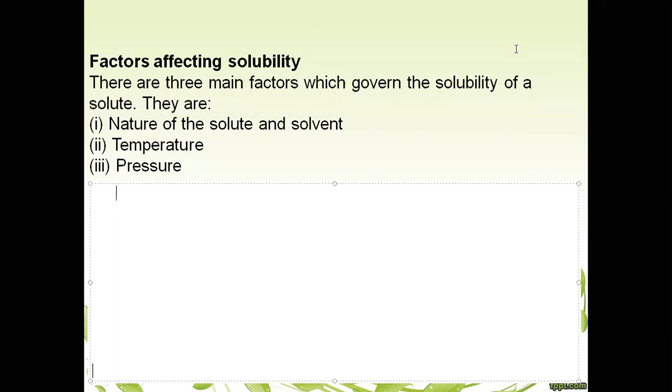For example, aerated drinks, household cleaner containing ammonia, and formalin, an aqueous solution of formaldehyde, etc. These are the examples for the effect of pressure, because when the pressure is increased in the solutions, the solubility of a gas in a liquid is increased.